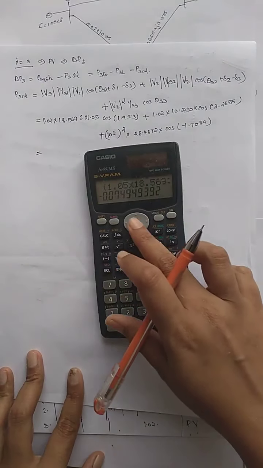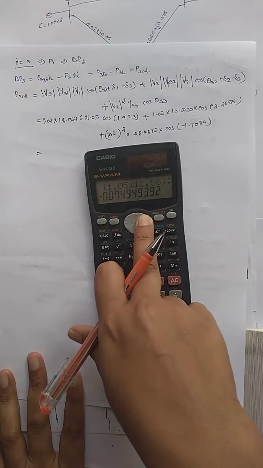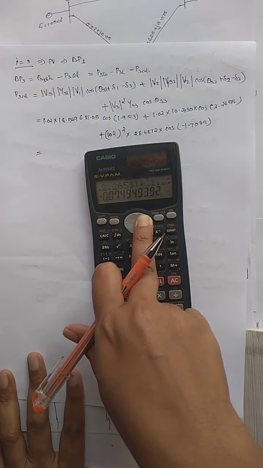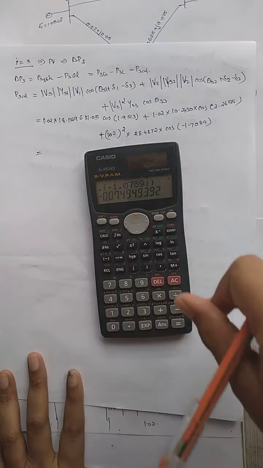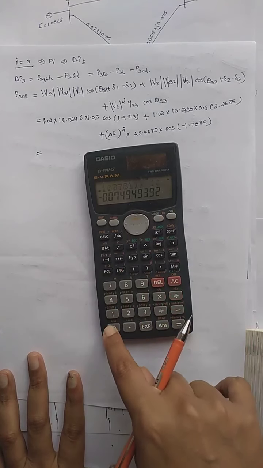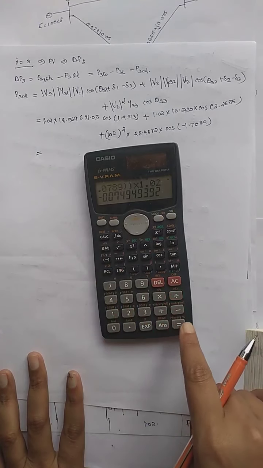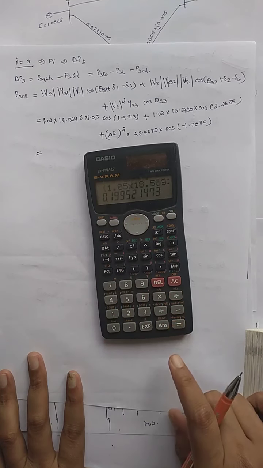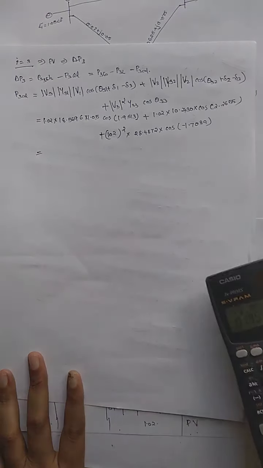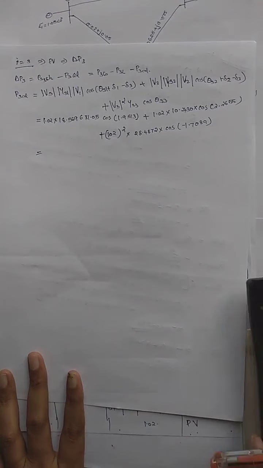So I was doing the calculation with the values 1.02 and minus 0.07, and I have to multiply by 1.02 also. That value is 0.1995. Let me check my values once more.